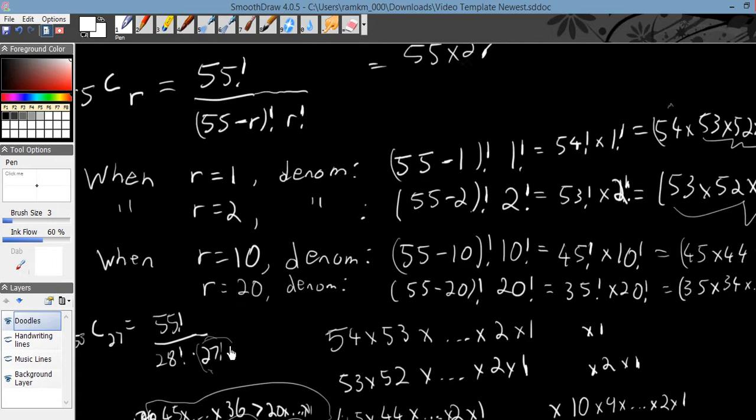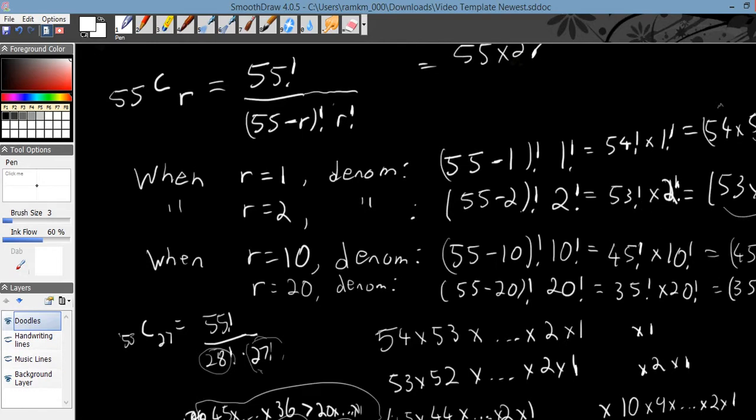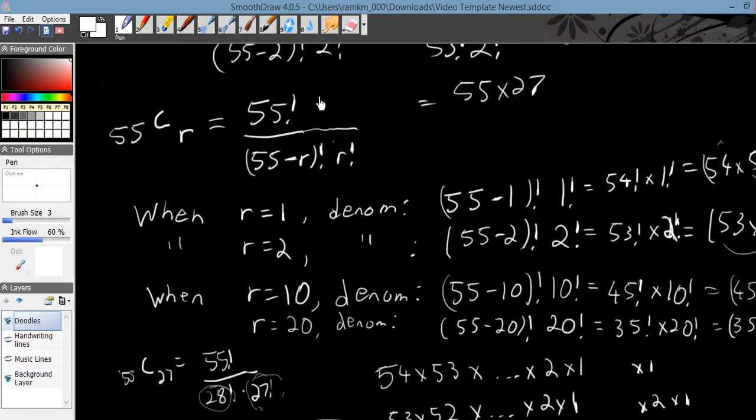Well, you'll have a repeat of r equals 27 at r equals 28, and then at r equals 29 you'll have a repeat of r equals 26. So really this denominator is going to be minimized when r equals 27 or 28. In other words, the maximum number of combinations is going to result when r equals 27 or 28.